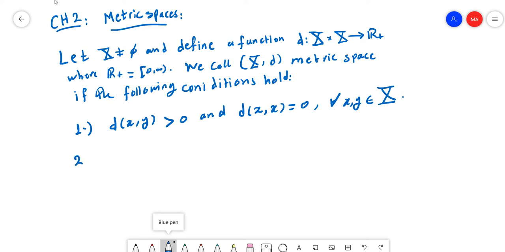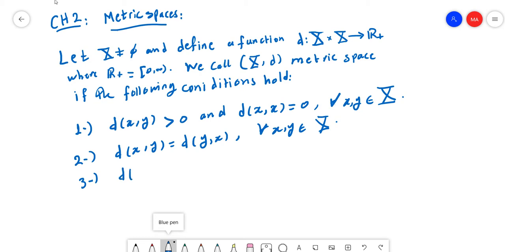The second condition: the distance between any 2 points x and y is the same as the distance between y and x. This is called the symmetric property for all x and y in X. The third and the hardest property is the triangle inequality.